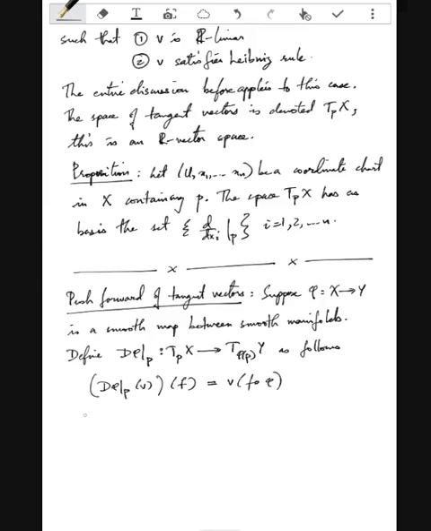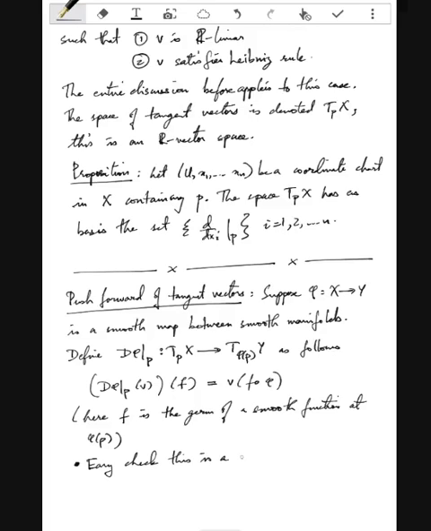So here f is the germ of a smooth function at phi of P. So easy check, this is a linear map.